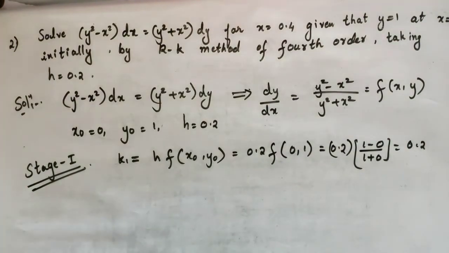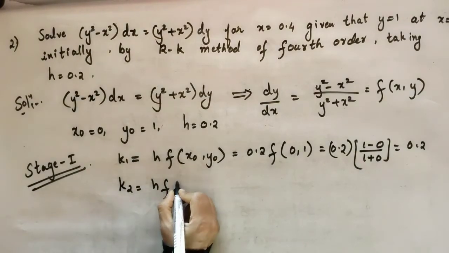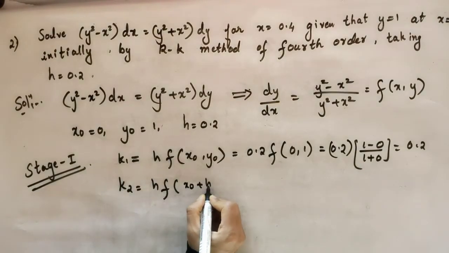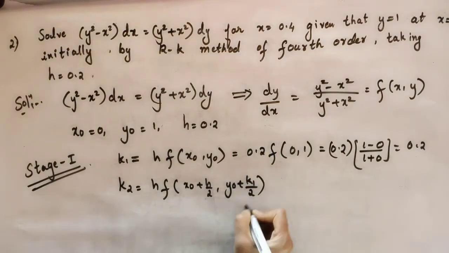Similarly, let us work for k2 now. It is h times f of x naught plus h by 2, y naught plus k1 by 2.